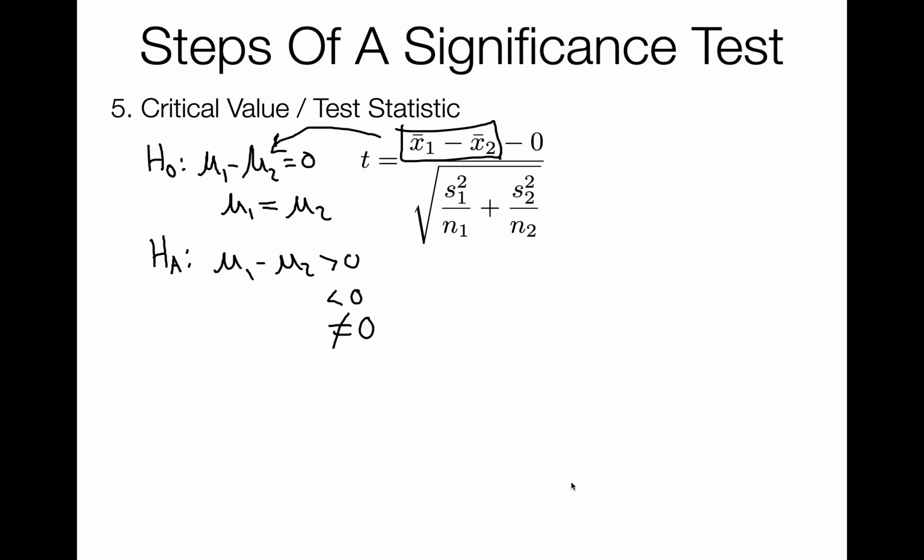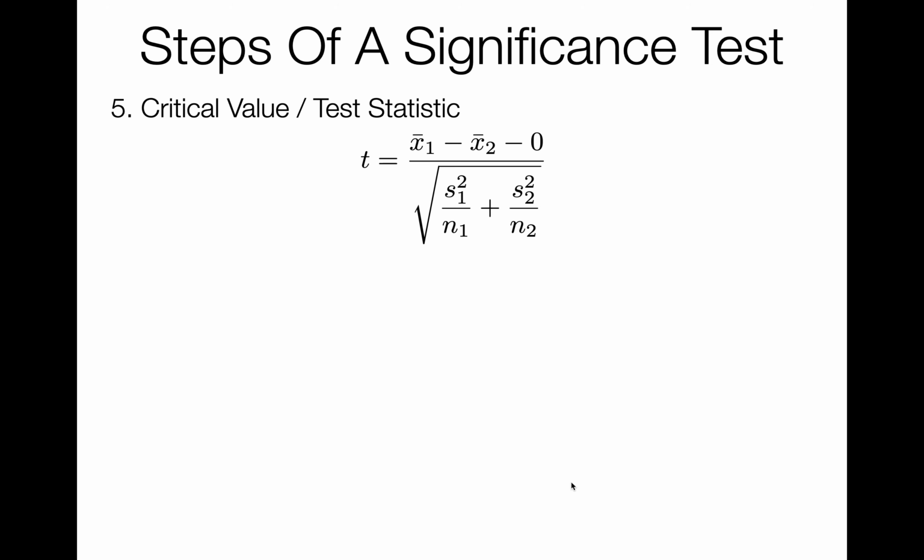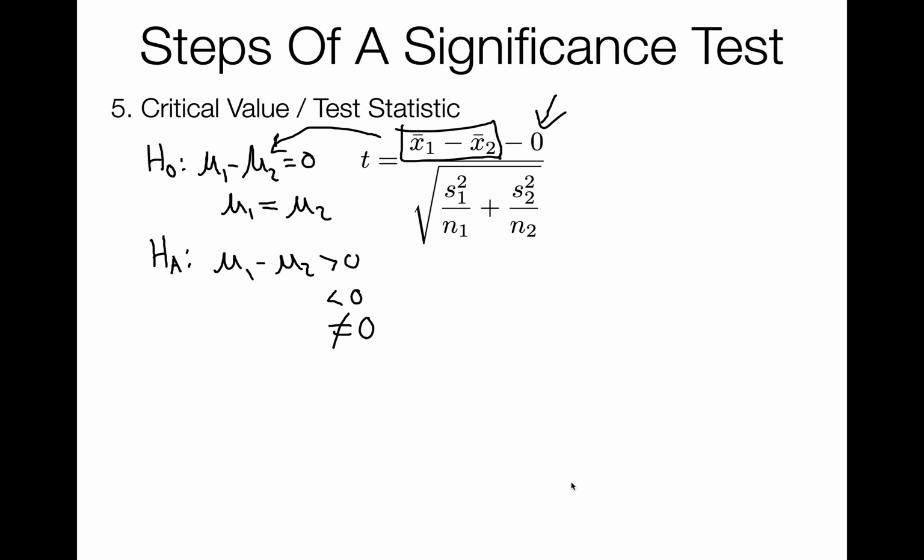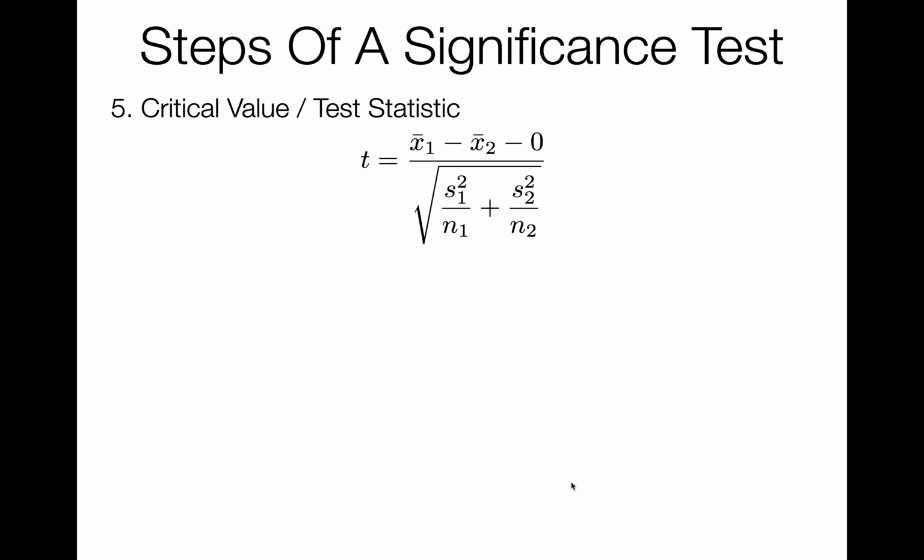The hypothesized difference in the null hypothesis is 0, and that's where that 0 comes from. Then in the denominator, what we talked about last time is the standard error of the sampling distribution of x bar 1 minus x bar 2. We found that that was the square root of s1 squared over n1 plus s2 squared over n2. So that's our test statistic.